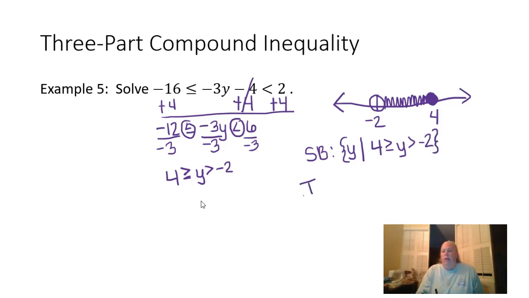And then when we go to write the interval notation, the number furthest to the left is -2. Furthest to the right on the graph is +4. The -2 has an open circle, it gets a parentheses, and the +4 has a closed circle, it gets a bracket.